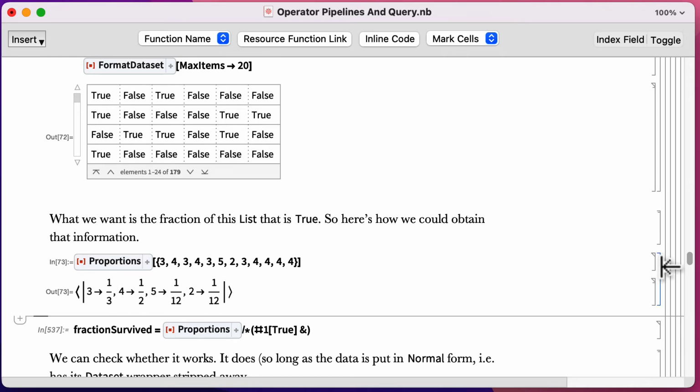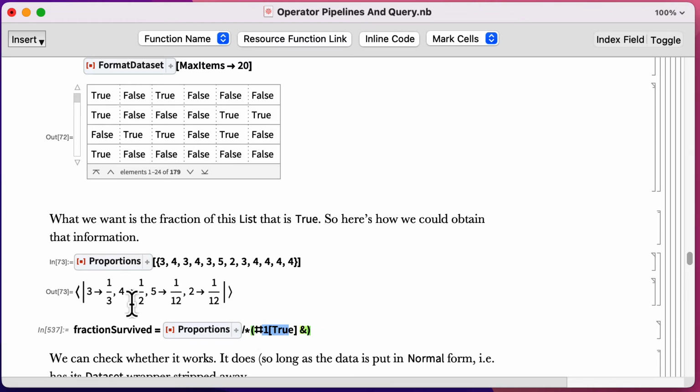So that's what the proportions resource function does. And then I want to know what fraction are true. So one way I could do this would be to just say, of those, get me the true ones.